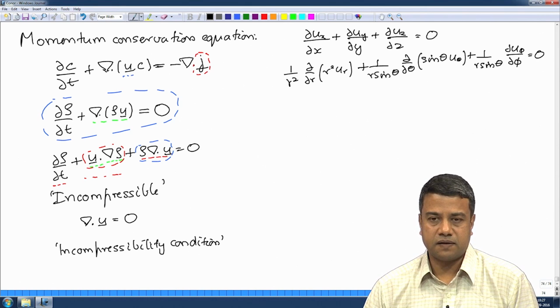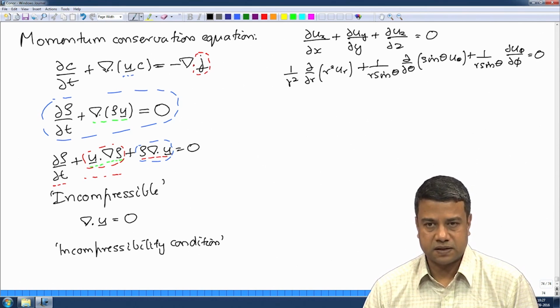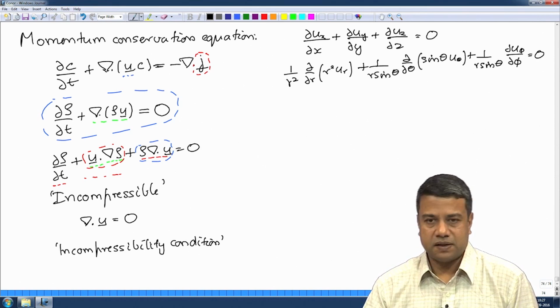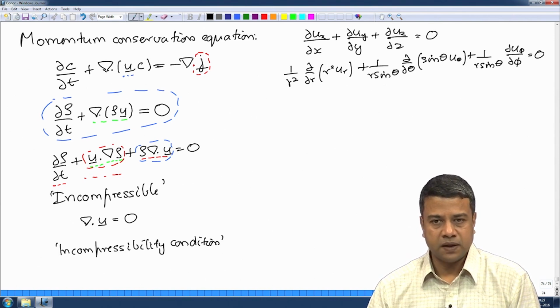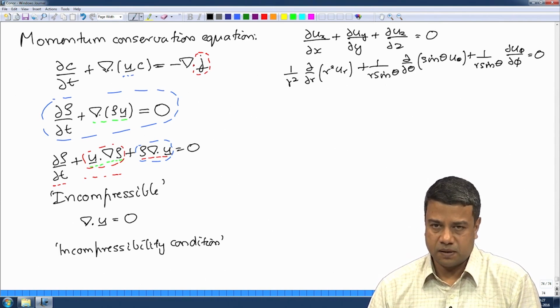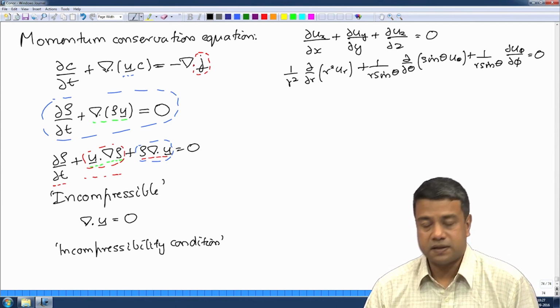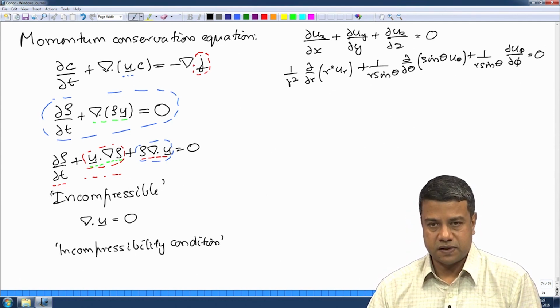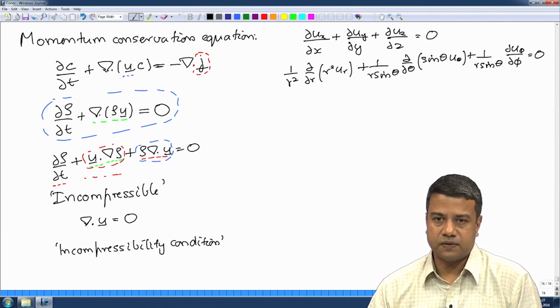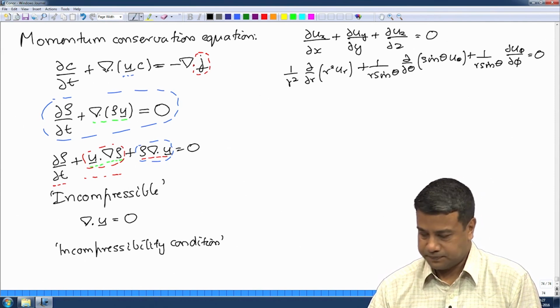We had derived the expression for the divergence of the flux in the previous lecture. Similarly, for the divergence of the velocity, you just have to substitute the components of the velocity for the components of the flux. And this is the mass conservation equation for an incompressible fluid that you will get.